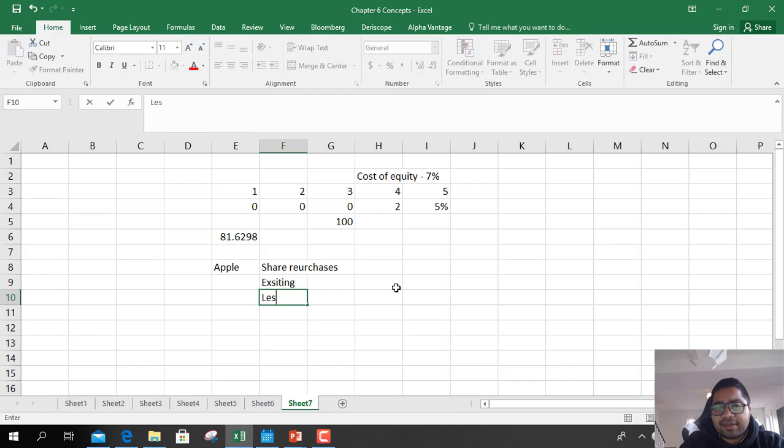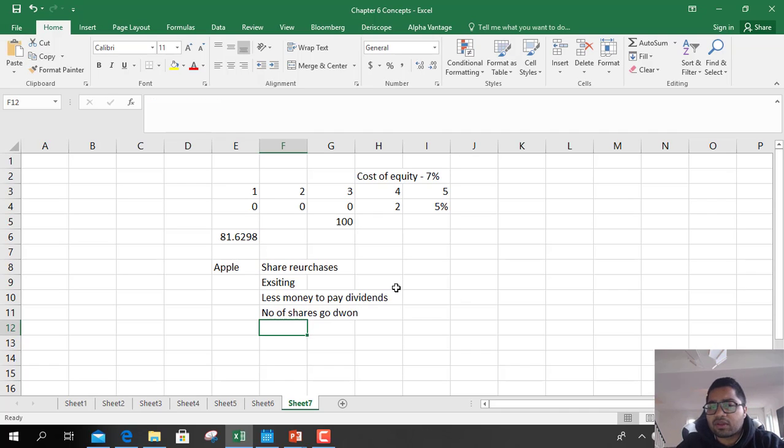Apple has less money to pay dividends, but it is repurchasing its stock. The number of shares goes down, and since the number of shares is going down, future profits and dividends per share increase.